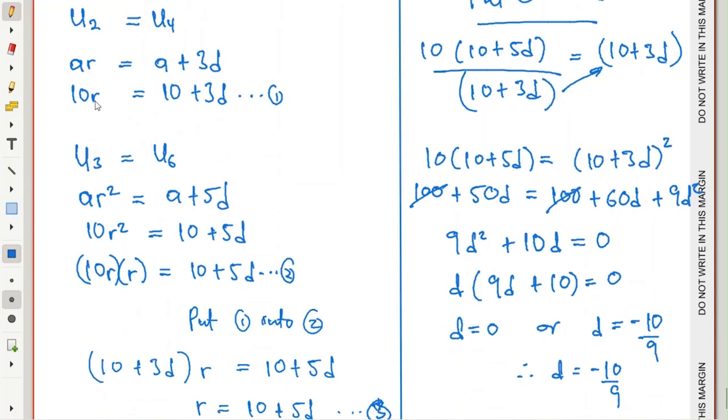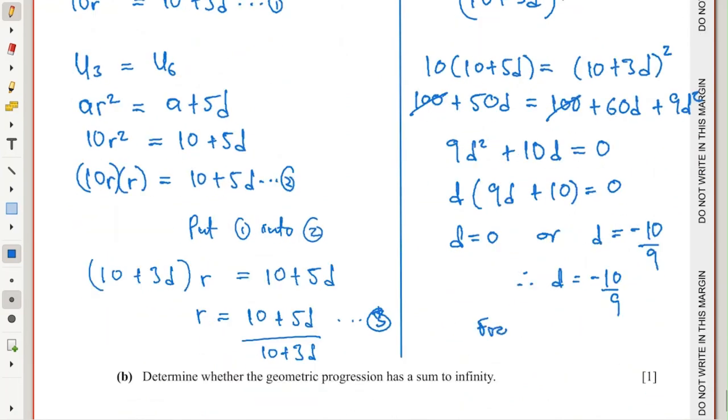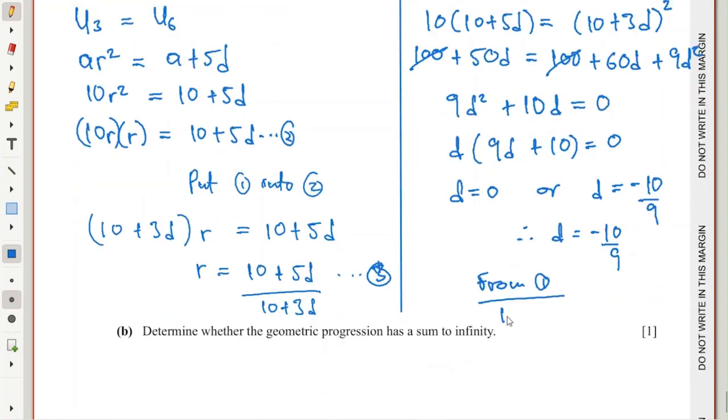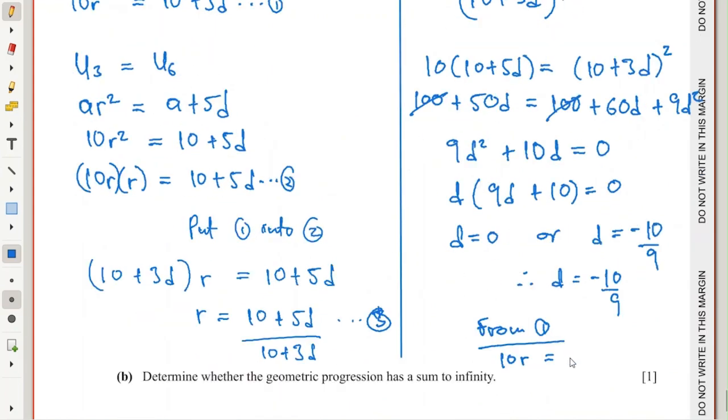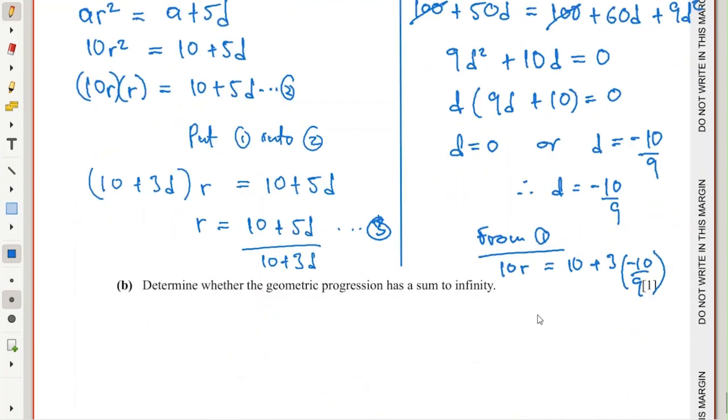I can place it here in equation 1. From equation 1, we know that 10R is equal to 10 plus 3 multiplying D. So 10R will give me 10 minus 10 on 3.